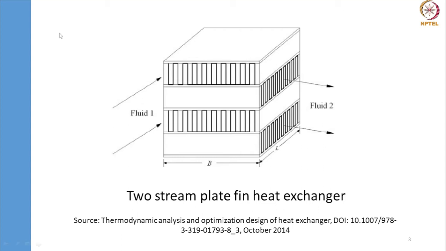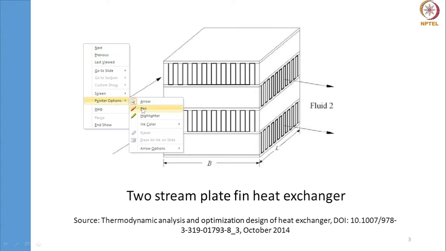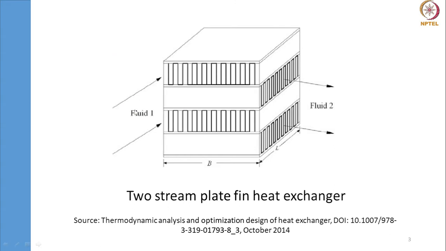Unlike our cooling towers where direct mixing happens, we are only dealing with transfer type heat exchangers. Obviously, with proper designs of headers, we can accommodate multiple streams, three-stream, four-stream. They are called multi-stream heat exchangers.